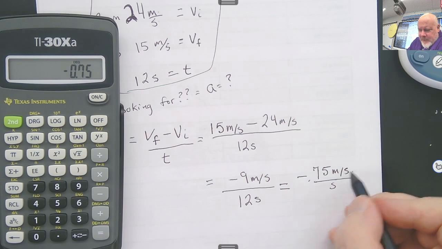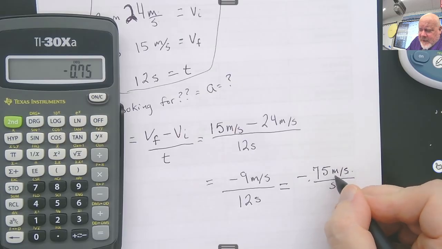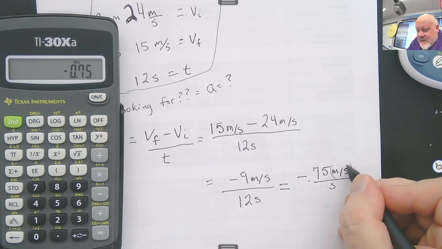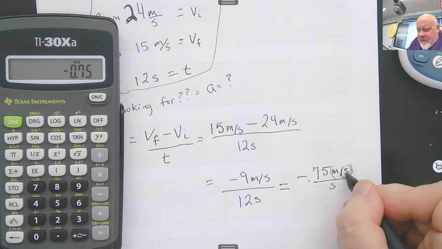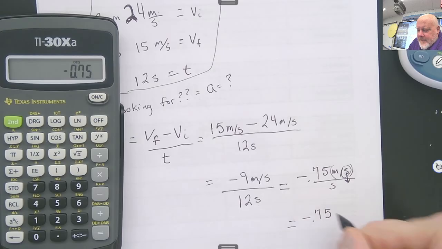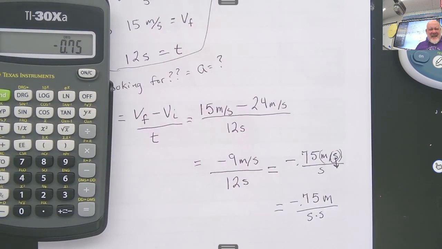So how we resolve that here is you see seconds. Here it's a little mini fraction right here, right? Meters in the numerator, seconds in the denominator, and then the overall fraction, we have another denominator that has seconds. When that happens, the denominator that's up here in the mini fraction gets dropped down into the regular denominator. So now that becomes -0.75 meters per second times, whoa, no, that doesn't make any sense.